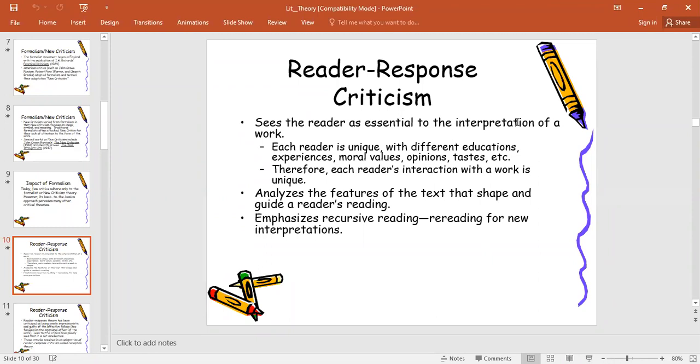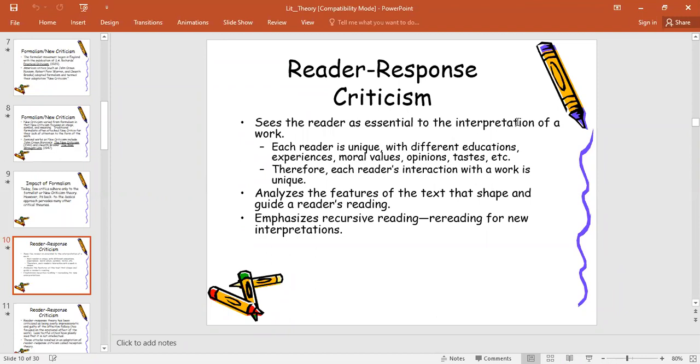As I gave you the example of scientific experiment earlier. So here, what is the reaction of readers? How do they interpret any work of art?